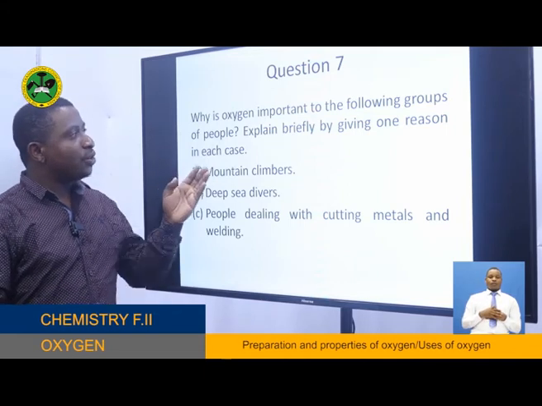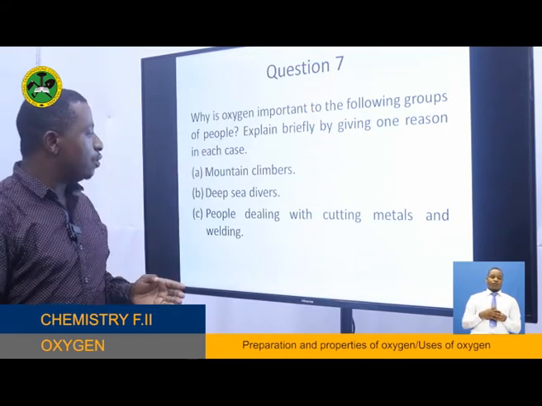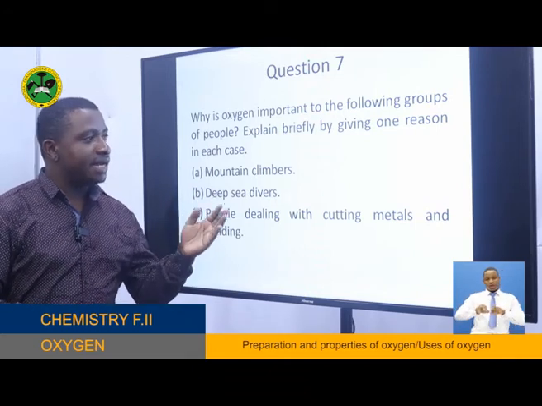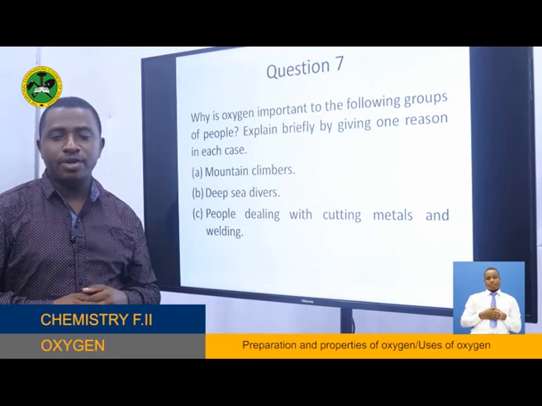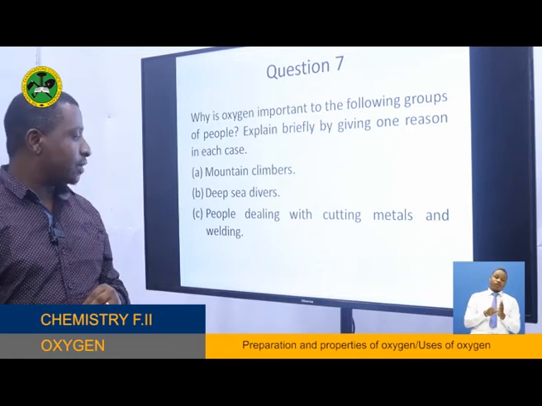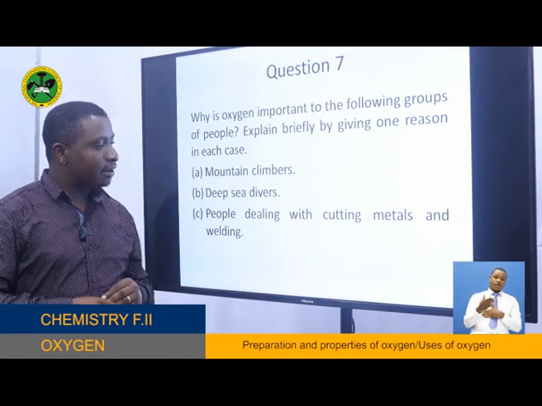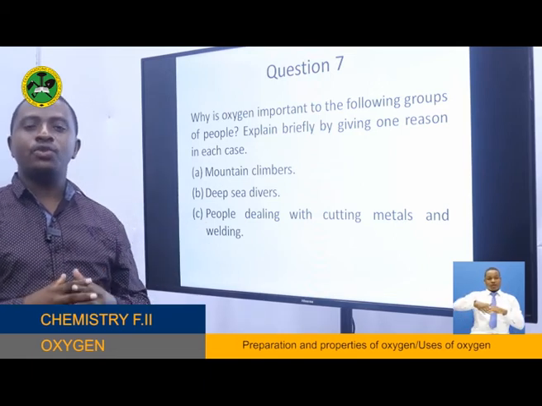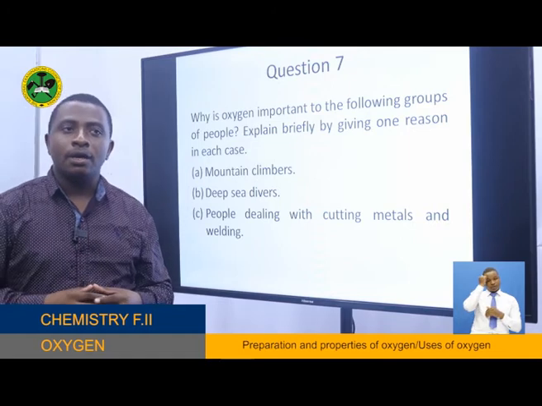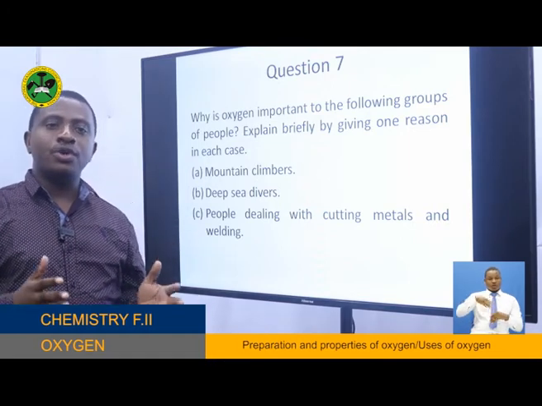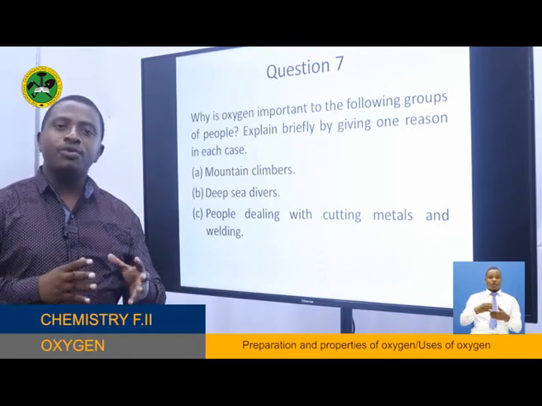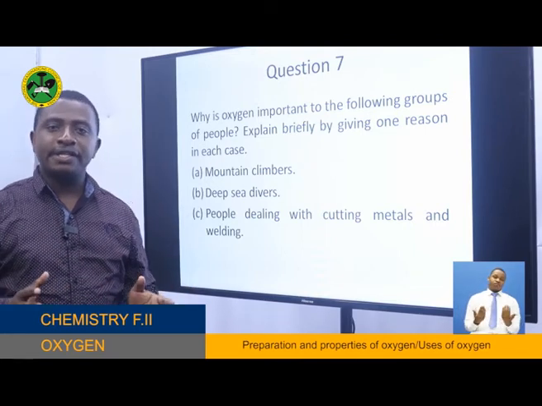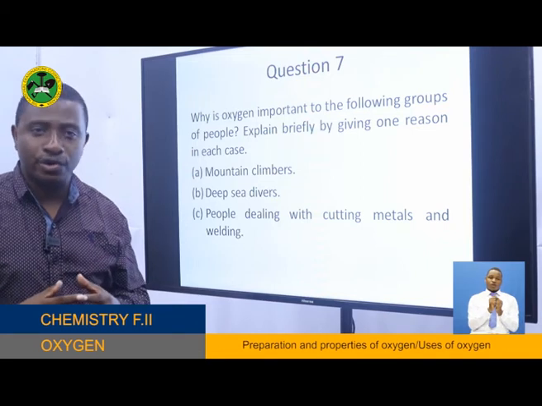Now, why is oxygen important to B. Deep sea divers? Dear student, that is another area. Dear students, you should remember that within water bodies, there is a low concentration of oxygen.